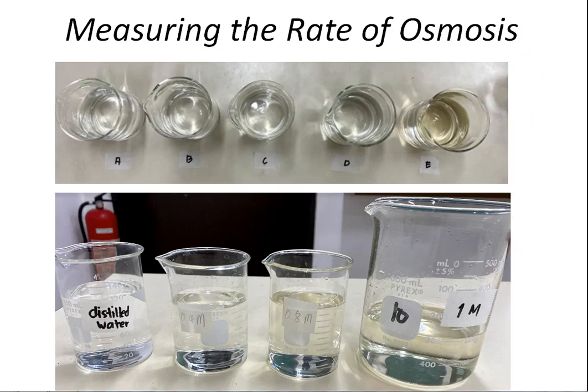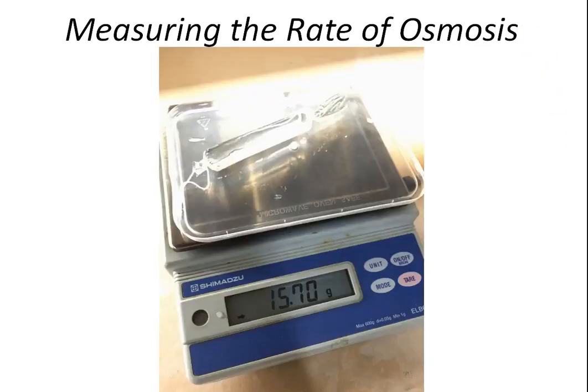So more or less, this is how it will look. After we have filled up our cellulose sac with our 10 ml designated solution, we will weigh our cellulose sac. So the weight of our cellulose sac will now be our initial weight.